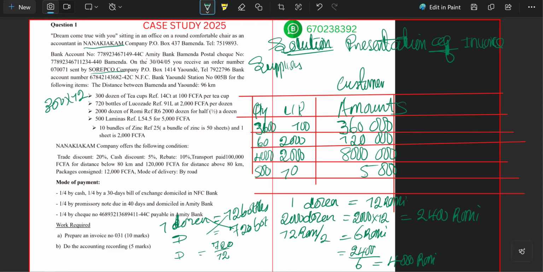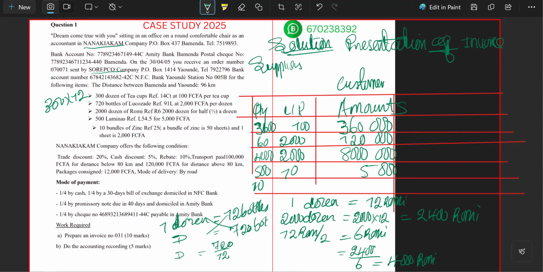We have these bundles of zinc. We're going to see 10 bundles of zinc, and then we know that a sheet costs 2,000. So in this case, the quantity should be 10. We have 10 here as the quantity.